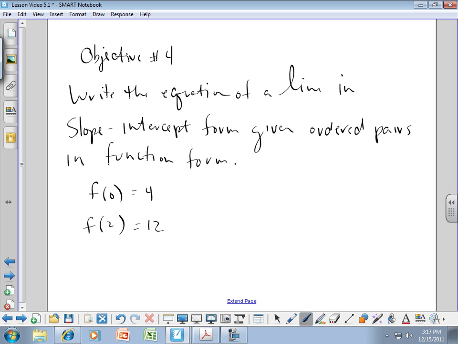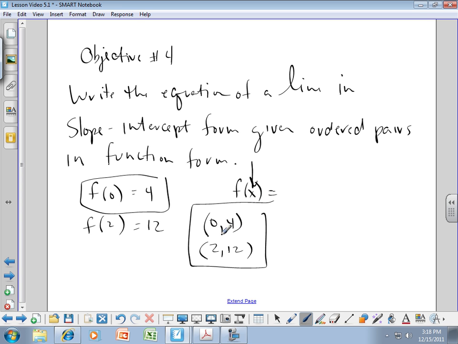Well, do you understand that what they're really saying here is they were talking about f of x equaling a value, and the number that they put in here is actually the x value? So what number is the x value right here? That's right, it's 0, and what's the y value? It's 4. Yeah. What ordered pair can you pull out of this? 2, 12. Are these the exact same ordered pairs we just worked with back in Objective 3?